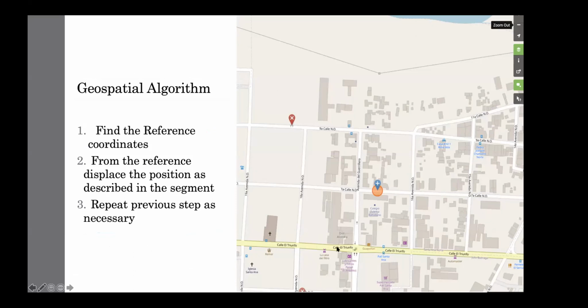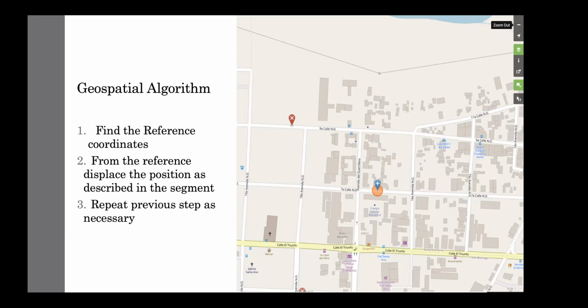In that case, it will be the coordinates of the little tree. And from that little tree, we apply all of those segments of displacement. There can be many of them, from 1 to 5, probably 5 would be a lot, but there's actually not a limit there. And we just repeat the steps as necessary.